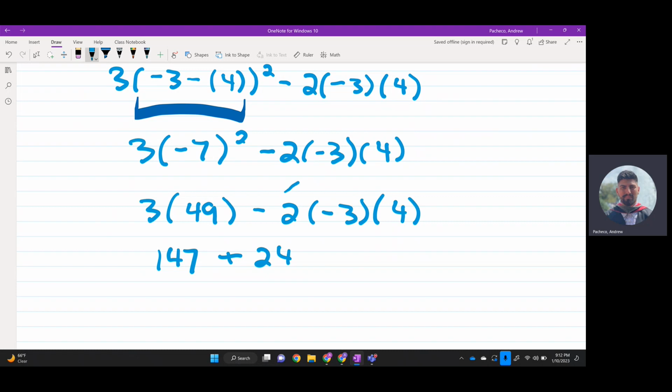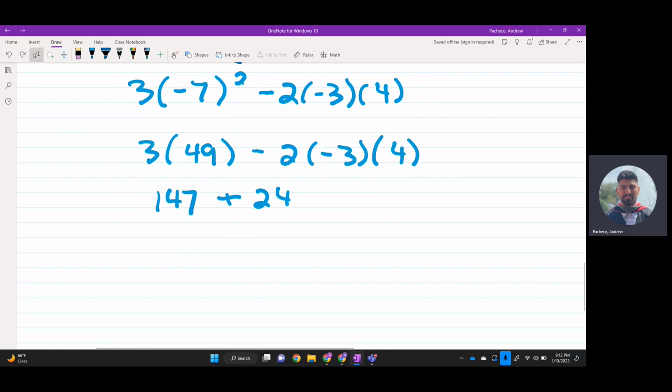Remember, a negative times a negative is going to be a positive. That's why it ended up being plus 24. Then if I have 24 plus 147, that's going to be 171.